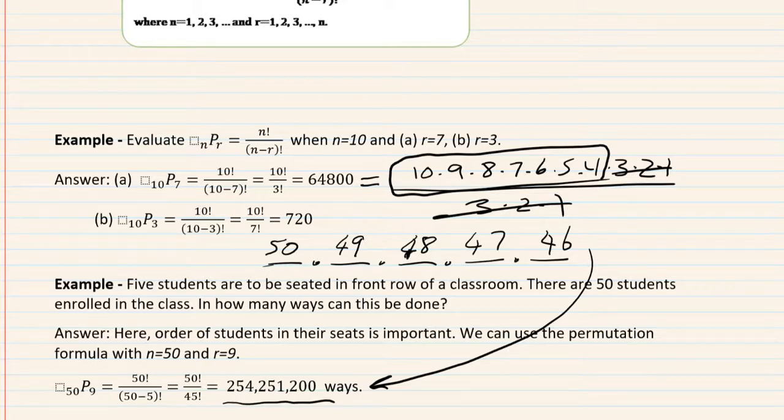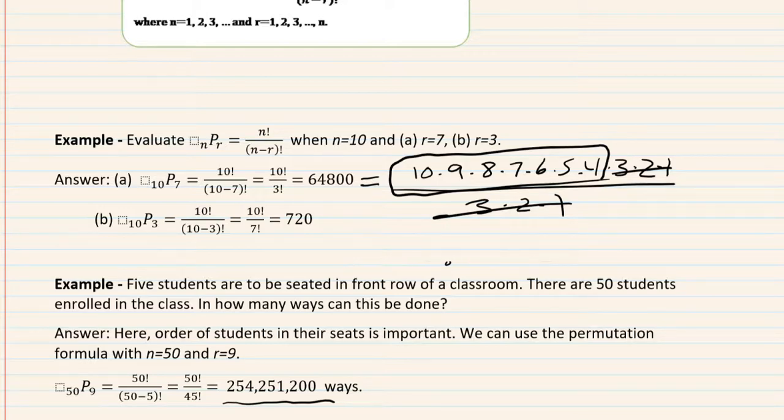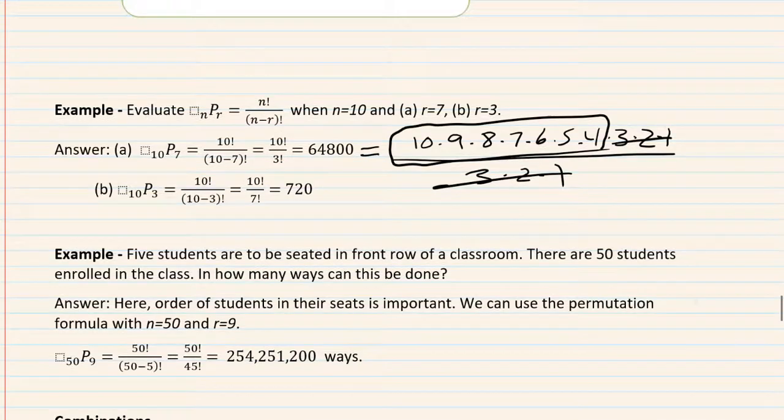Okay, so quite a few ways. And so that's just using the fundamental counting principle. Now, we can think of this in light of permutations, because order is important. So I'm just going to use this formula that we have right there. And you can get there again a little faster.